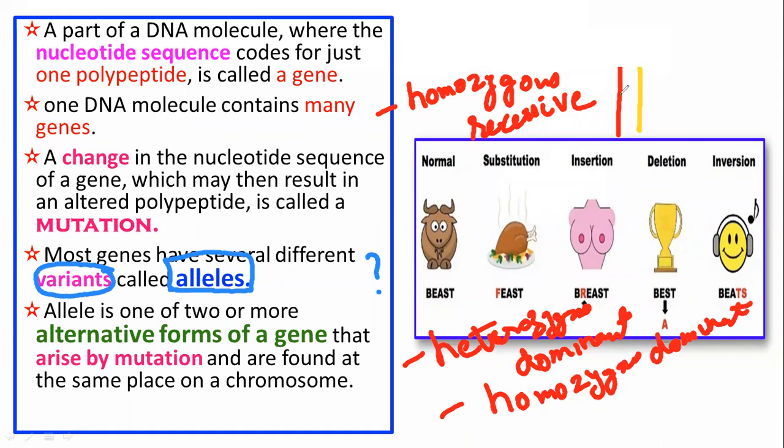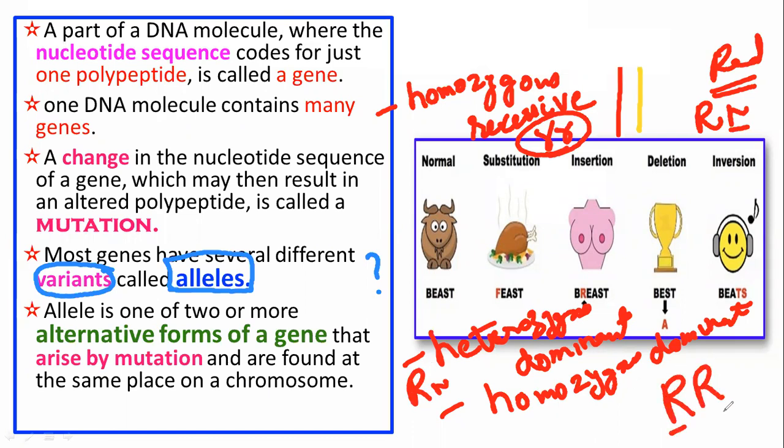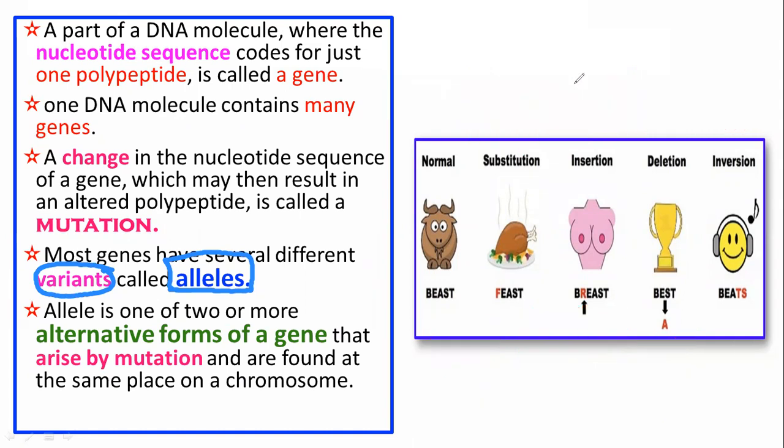If you remember, for homozygous recessive, let's suppose I'm talking about red color, a capital letter is for the dominant behavior and a small letter is for the recessive. So this is going to be the recessive homozygous. What about heterozygous dominant? That will be this code. And homozygous dominant will have both capital letters. I hope you remember these are the alternative forms of a gene which we call alleles.